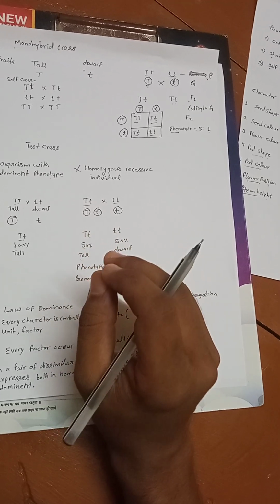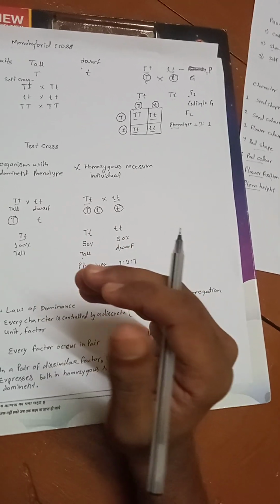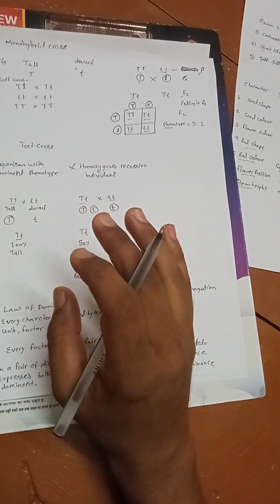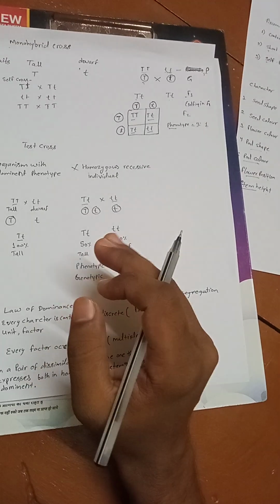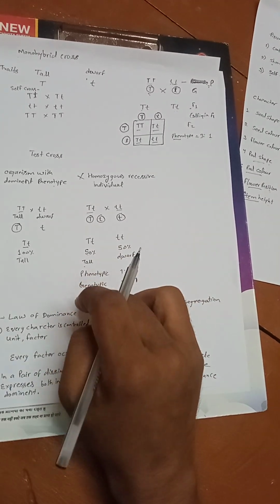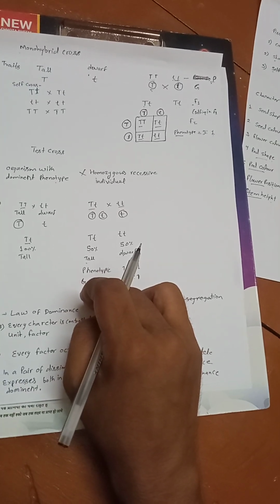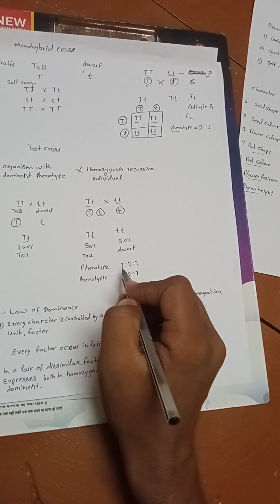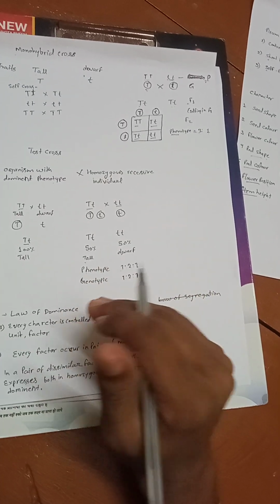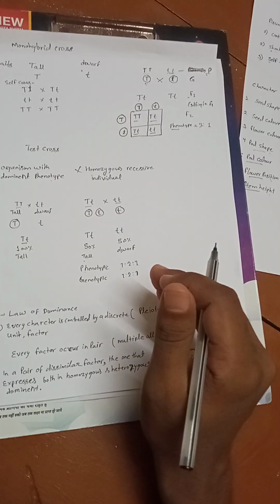It means the plant we take is not homozygous, it's heterozygous. One thing you should notice here in the test cross: the genotypic and phenotypic ratios are the same, 1:1.